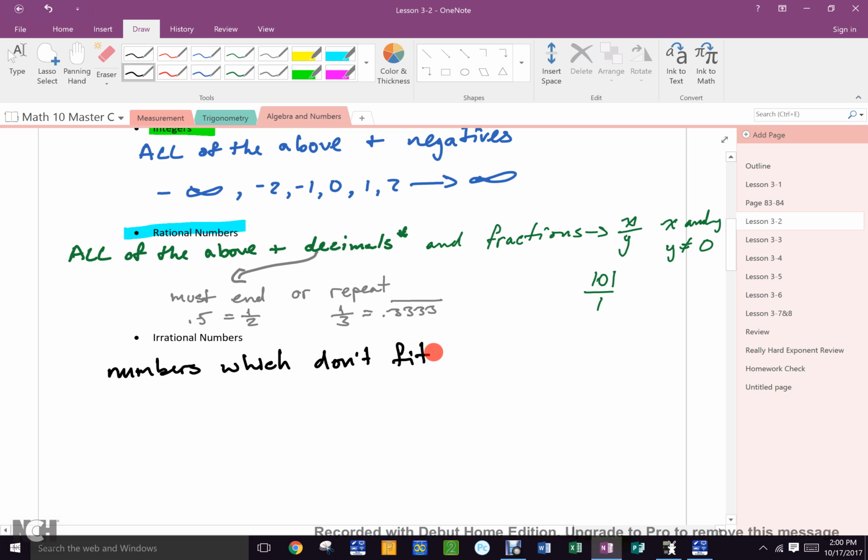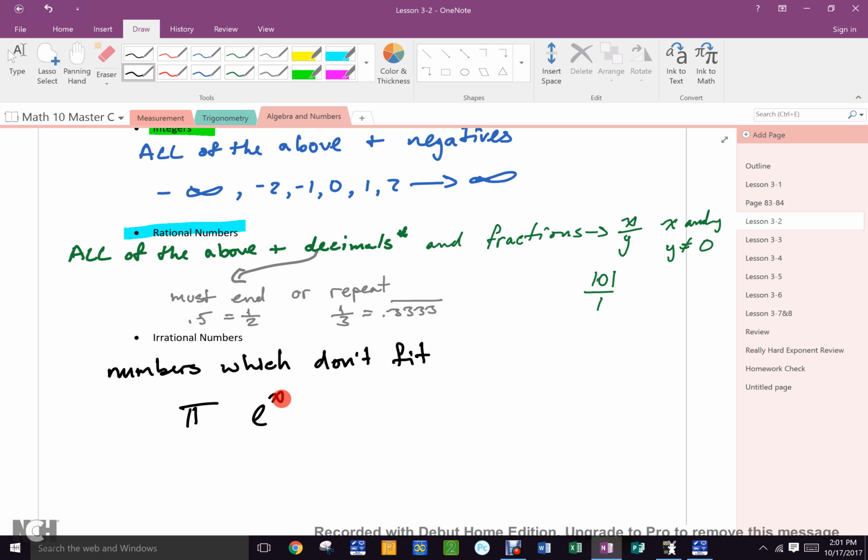So their decimals go on forever, like pi. 3.14159, blah. And there's a lot of these on your calculator if you look closely. You'll see a little e with an x by it. That's another irrational number. It goes on forever. There's a million of them.